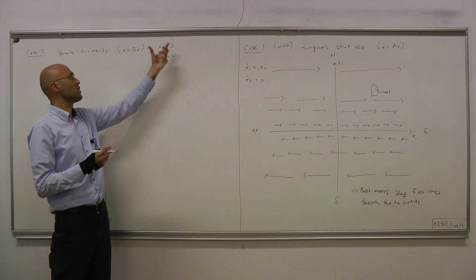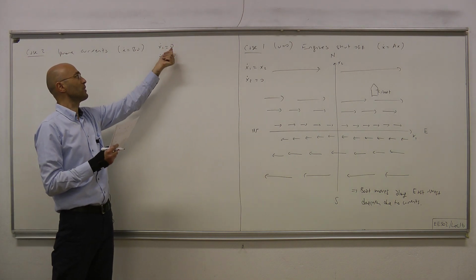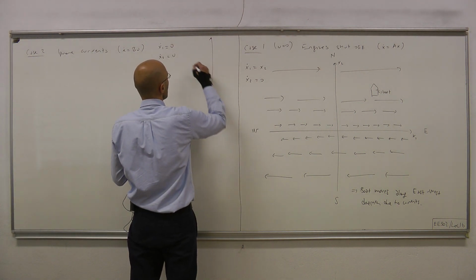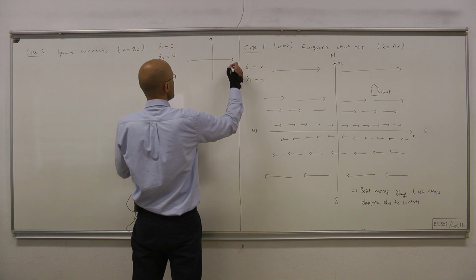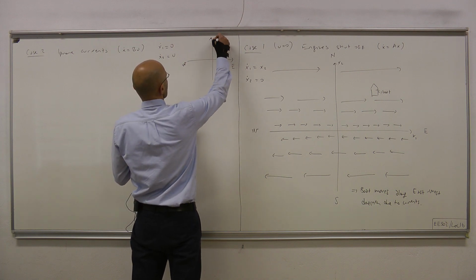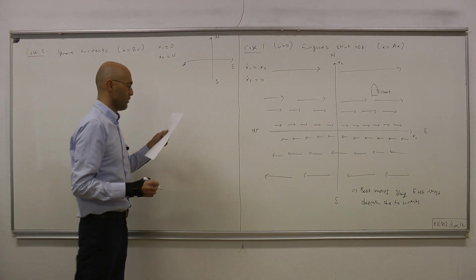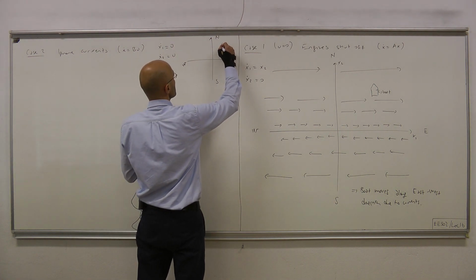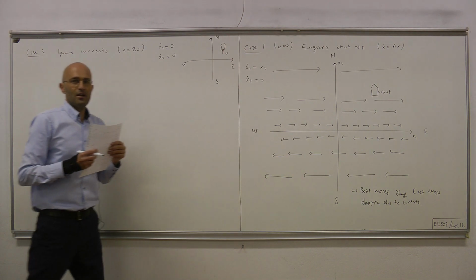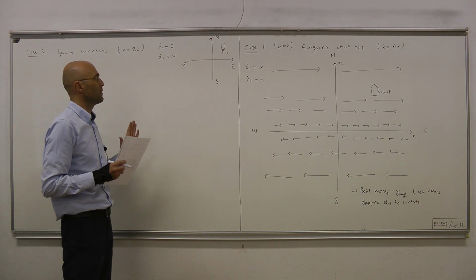So x dot equals the 0, 1 matrix times u gives x1 dot equals 0, x2 dot equals u. So this is east, west, north, and south, and here is your boat. And here is the direction of the propulsion.